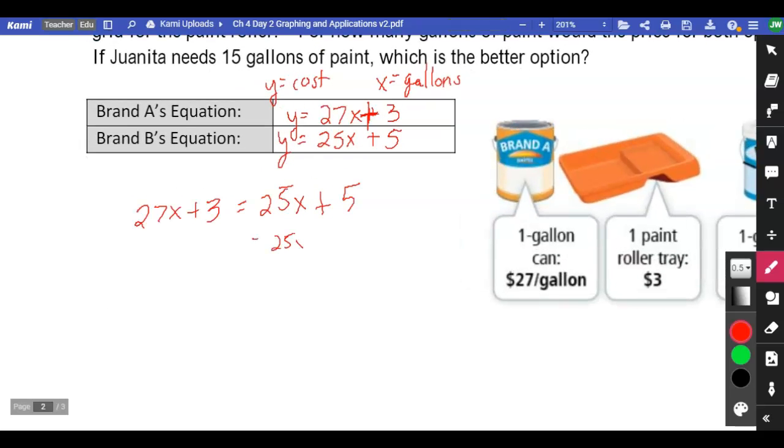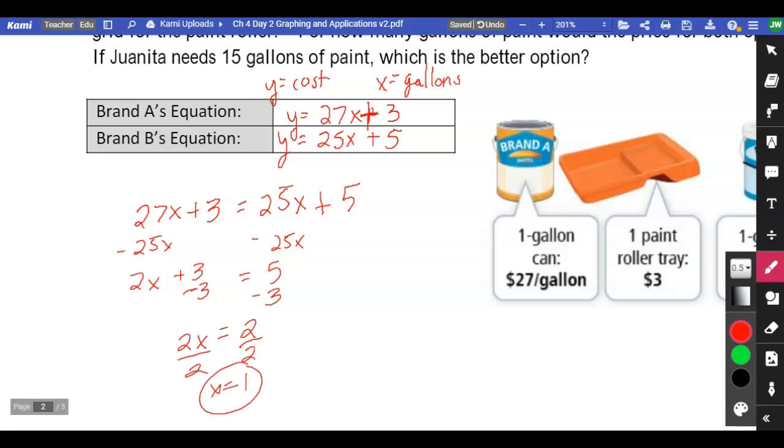So I subtract 25x because that's the smaller number. I like to work with positive numbers. 2x plus 3 equals 5. Subtract 3. 2x equals 2. Divide by 2. X equals 1.